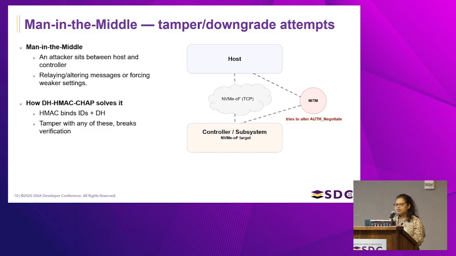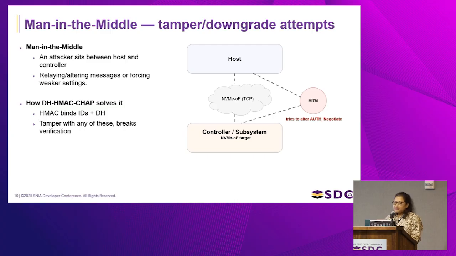They are only relevant to the session that is used. So those bind the run to exactly what the two entities negotiated. If the attacker changes anything, like the IDs or the DH group value or the negotiated parameters, the verifier's HMAC recomputation won't match what the controller is expecting, and the transaction will fail.